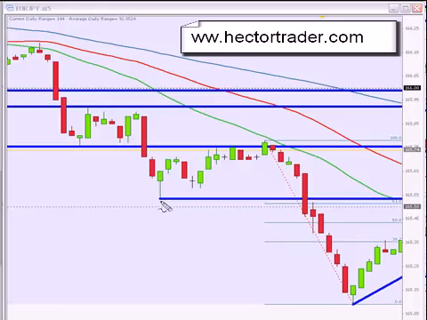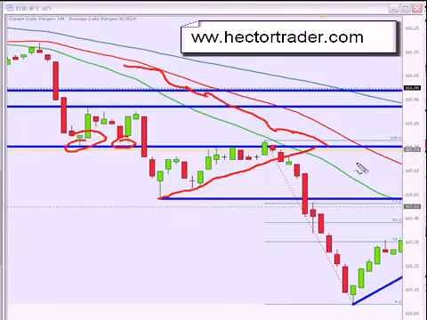Okay, we have the retrace. Jeez, it's so difficult to draw a straight line with your mouse. Like I was saying, previous double bottom, dynamic area of resistance, 50% Fibonacci of the whole swing down right there. Former support, now working as resistance.